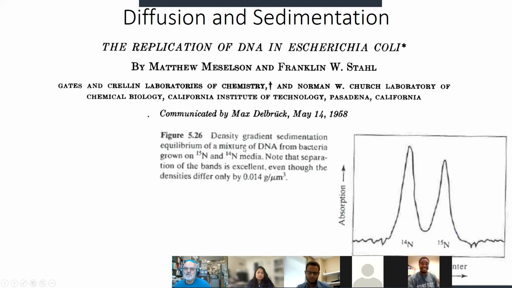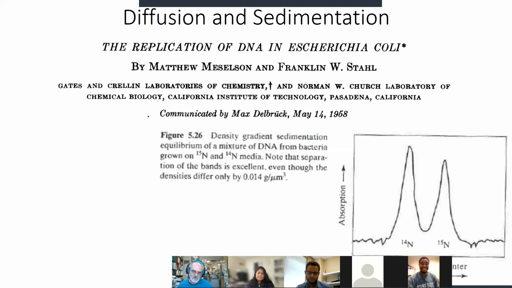Okay, and so Meselson and Stahl decided to use a density gradient technique, and they grew bacteria in the presence of N15 and N14 nitrogen so that they could do a sequence of timing of replication and watch the DNA replicate, then band it out in a sedimentation equilibrium experiment in a density gradient, and watch the initial DNA formed incorporate a different nitrogen isotope and learn something about the mechanism of DNA replication.